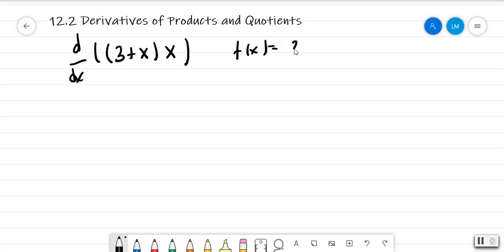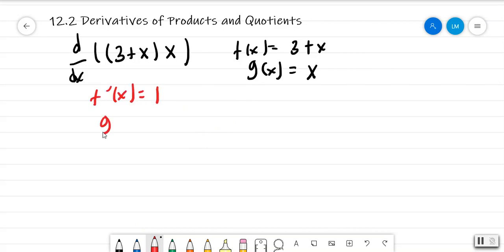well, we might be tempted to say, for example, if f of x is equal to 3 plus x, and g of x is equal to x, that f prime of x is equal to 1, and g prime of x is also equal to 1.